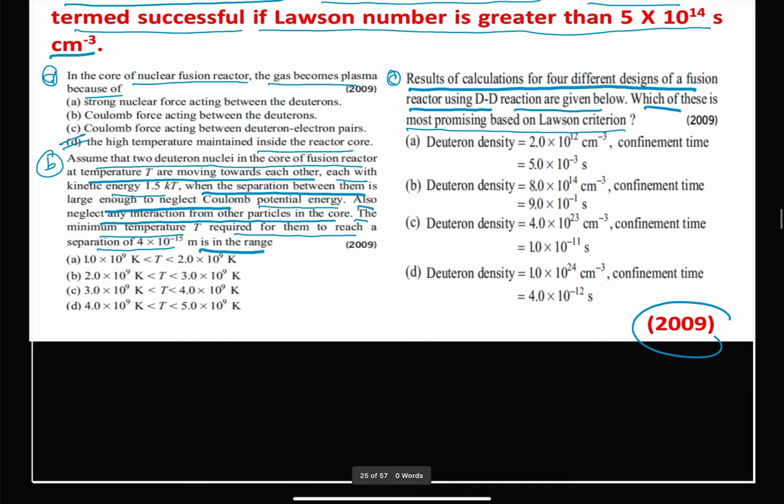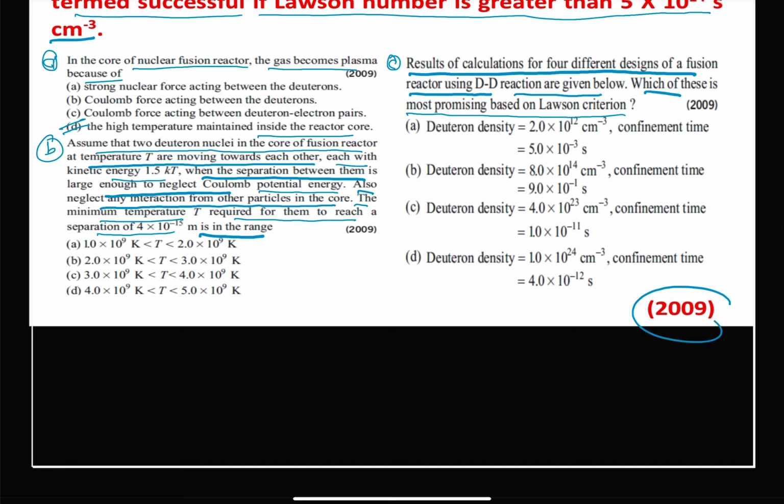So we start with part B. In part B, we are going to use conservation of energy, which basically means that the loss of kinetic energy will be equal to the gain in their potential energy.